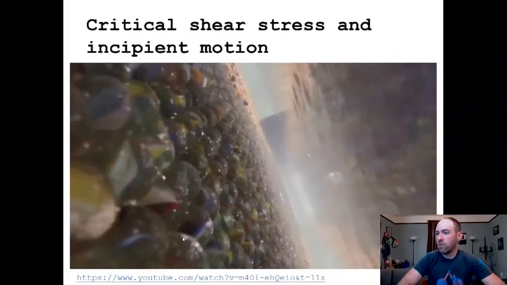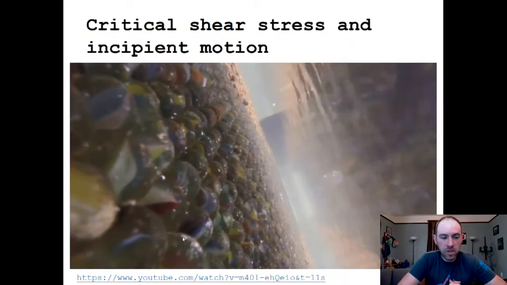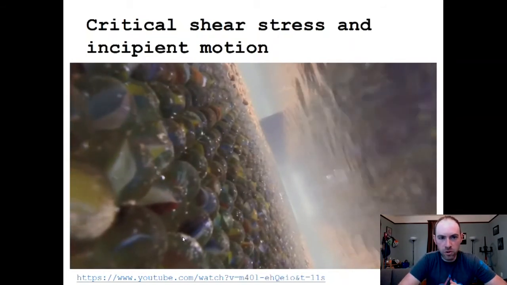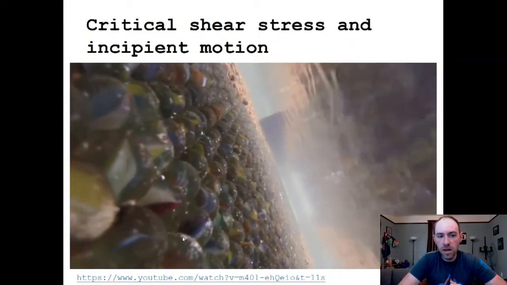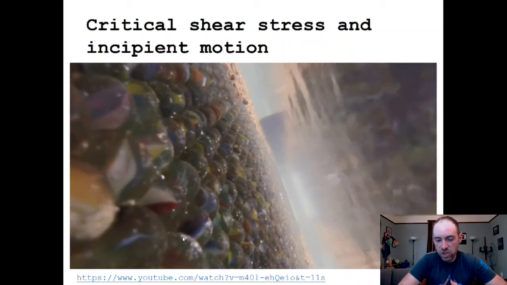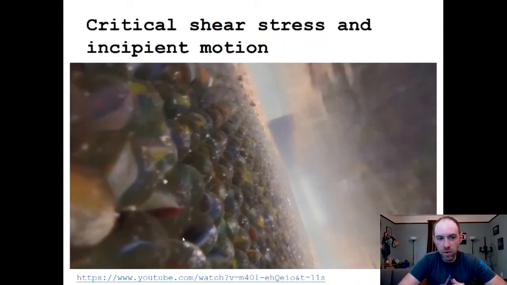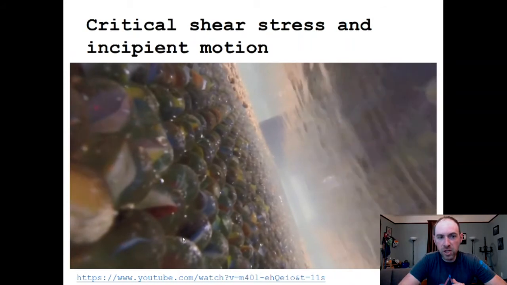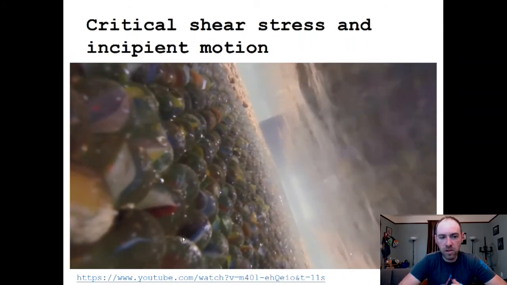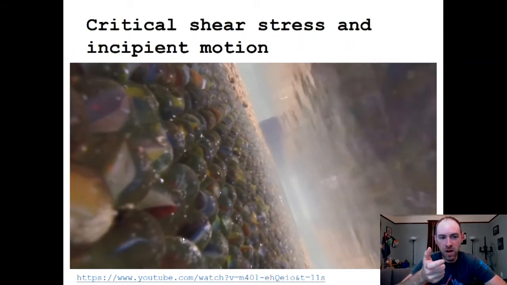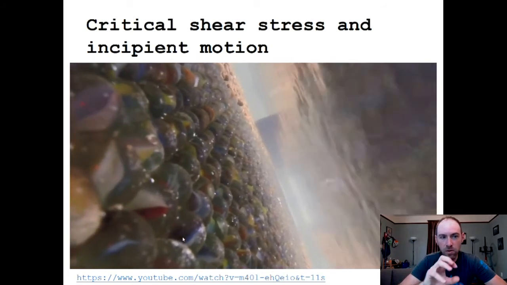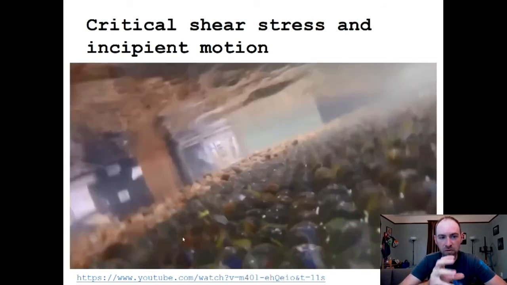Okay, so as we referred to earlier, there's a term we call the critical shear stress, and it is the stress that is applied by the fluid on the bed at the initiation of incipient motion, right? So when particles just start to move downstream is when we say we've exceeded the critical shear stress for that size of grain.